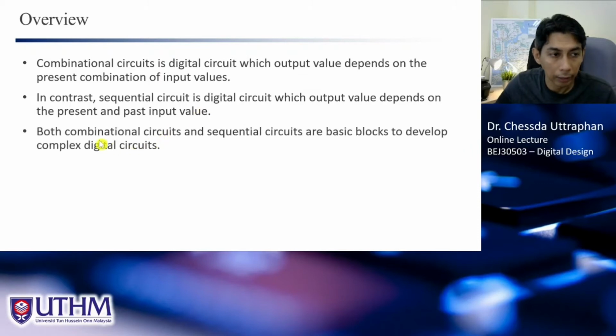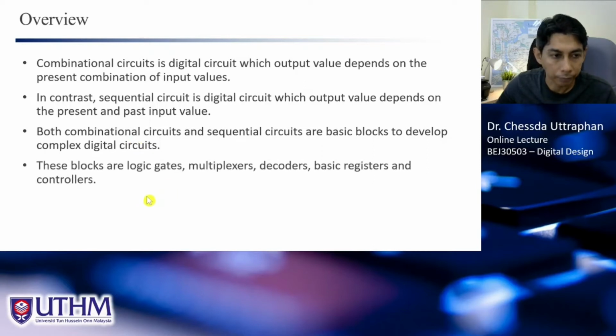And we will see later that both combinational circuits and sequential circuits are basic blocks to develop a complex digital circuit. Most complex digital circuits that we have today are a combination of these two kinds of circuit. So in your computer, in your handphone, in your calculator, both types of circuit are used together, right?